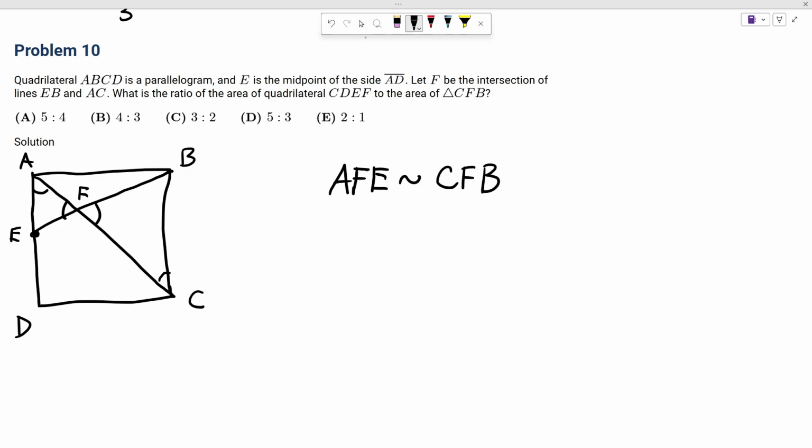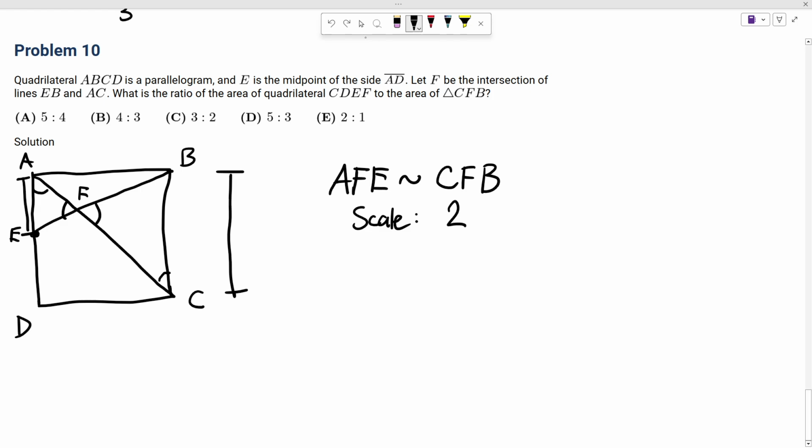What this means for us is that since E is the midpoint, AE is exactly half of BC, so the scale factor is exactly 2. What this means is that EF is going to be half of FB.